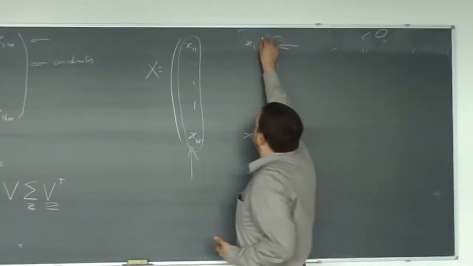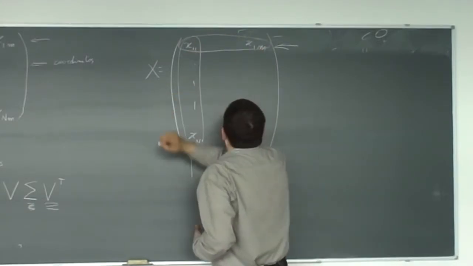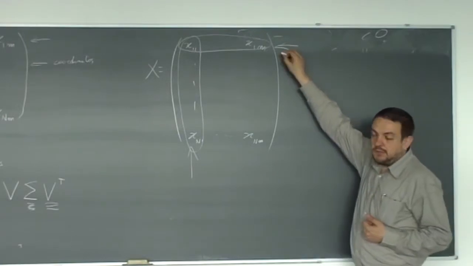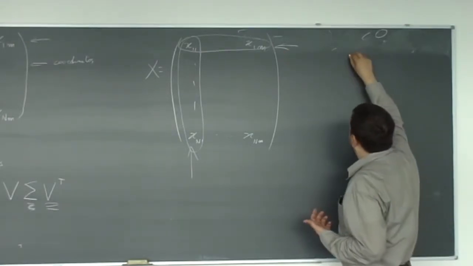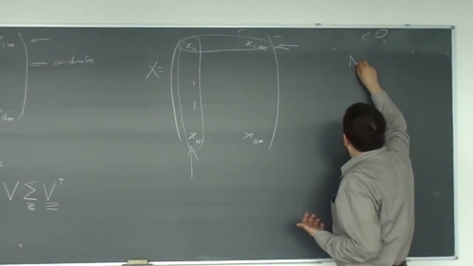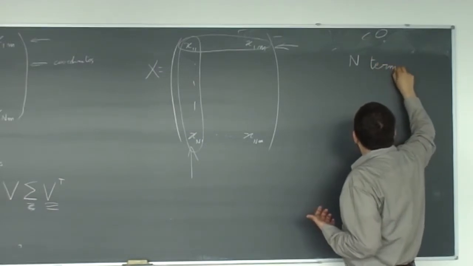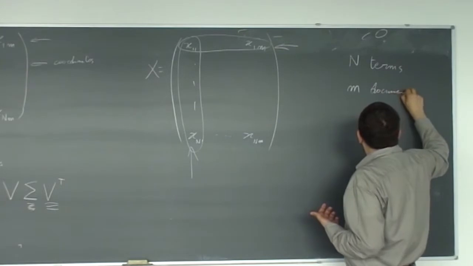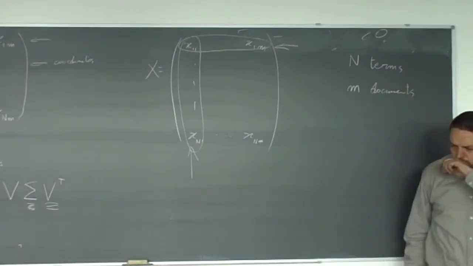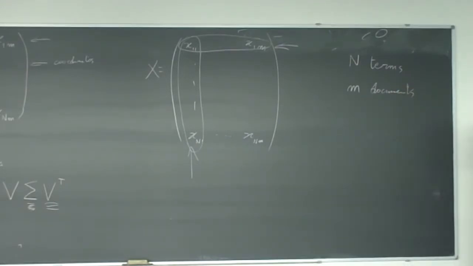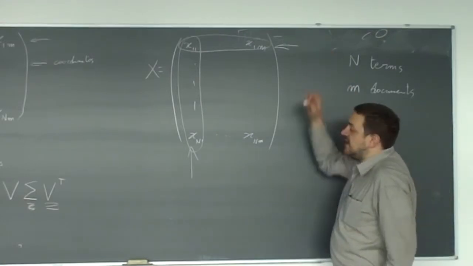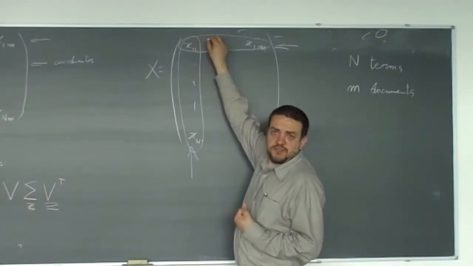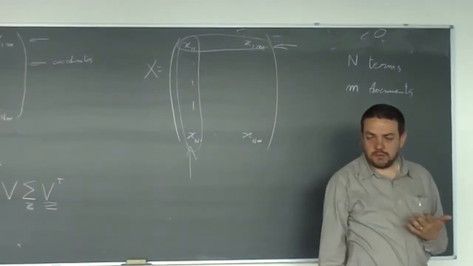For the same reason, this row represents a set of features of the first term. We are speaking of a matrix where we have n terms and m documents. So this term is characterized by what is its frequency in the first document, in the second document, and so on.